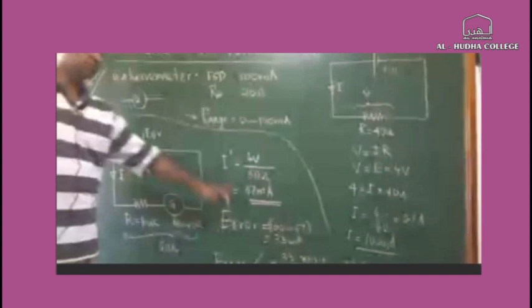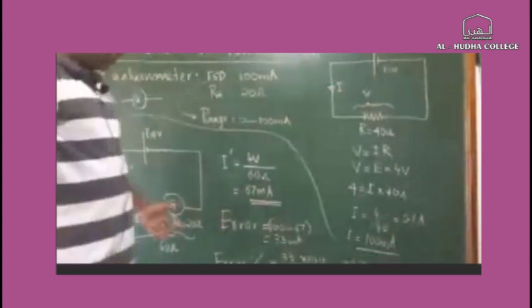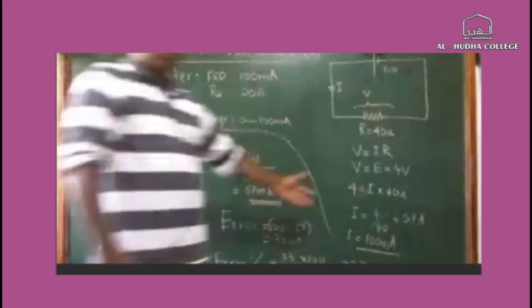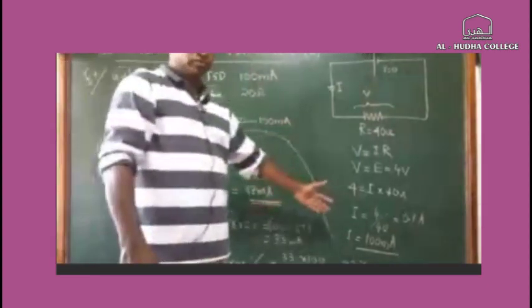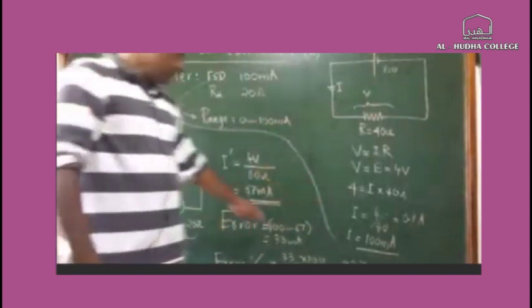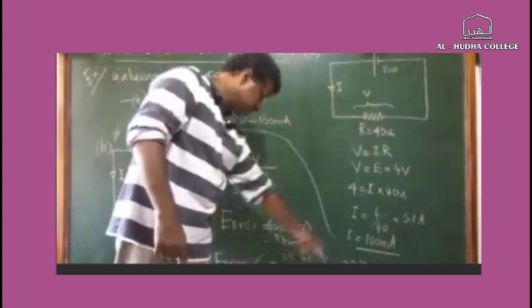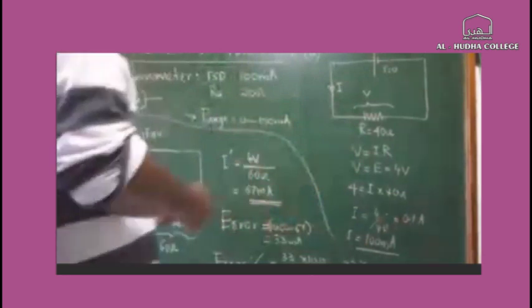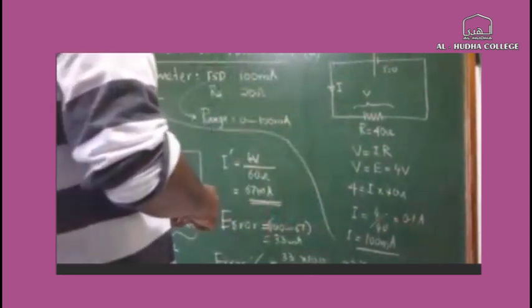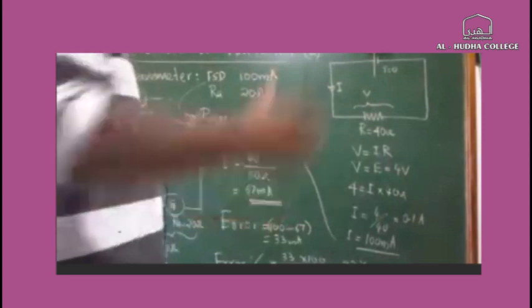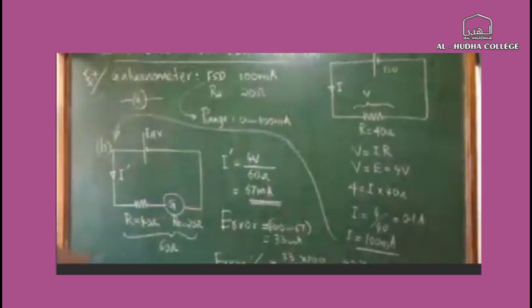So there is a difference between the measured value and the calculated value, and we call this an error. For a 100 milliamps measurement, we had an error of 33 milliamps, so the error percentage is 33%. 33% is a very huge error in a measurement circuit, so we will see what happens to this error in different circuit combinations. So take this down.